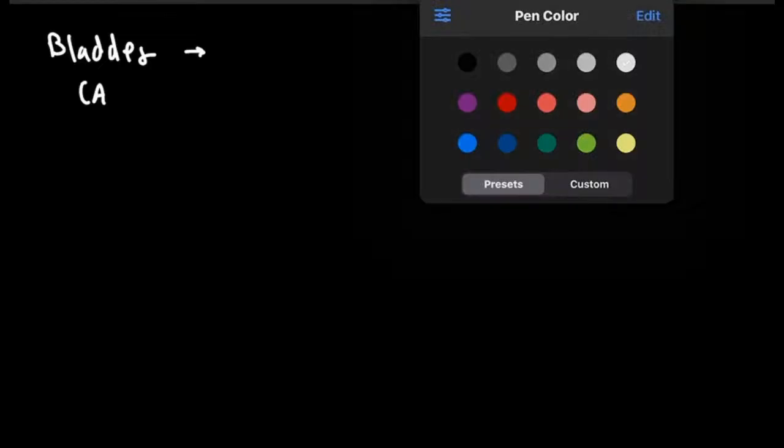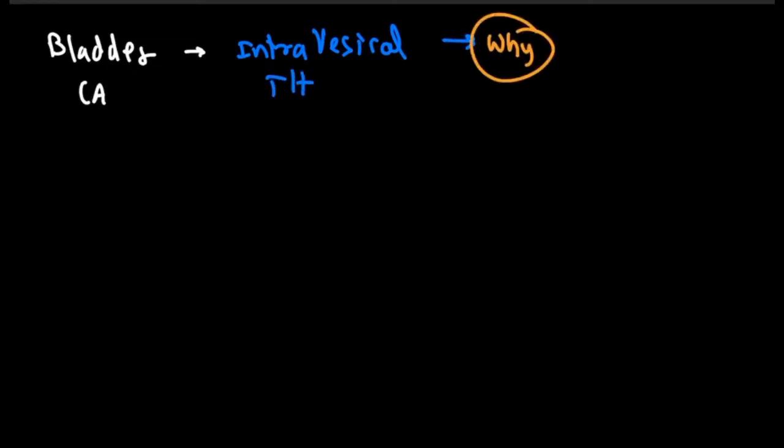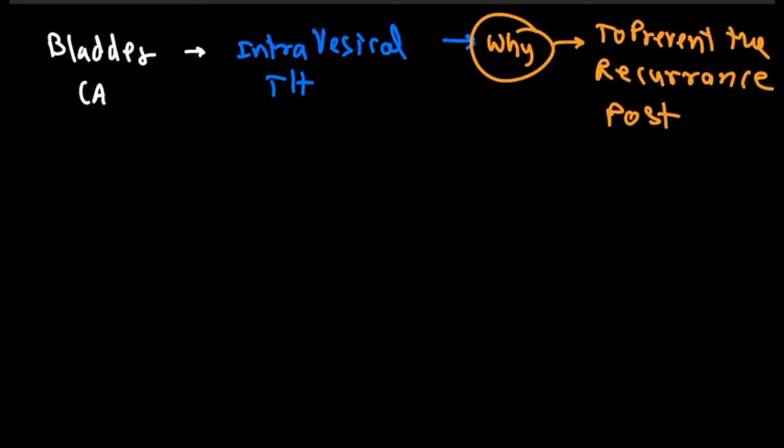Let's say there is a patient who has a bladder carcinoma. Here you go in for an intravesical treatment. Why? Because to prevent recurrence post TURBT.